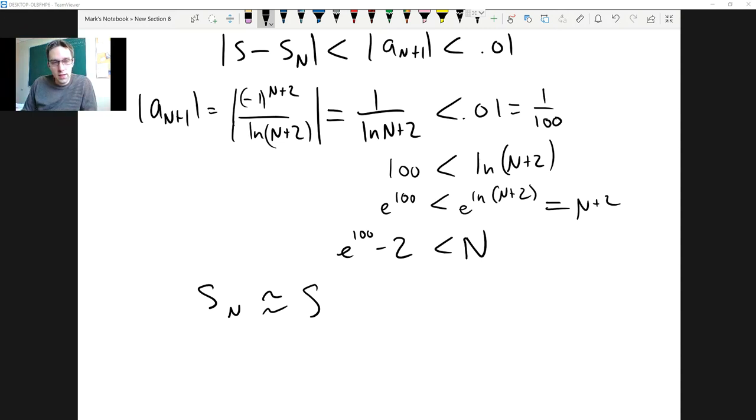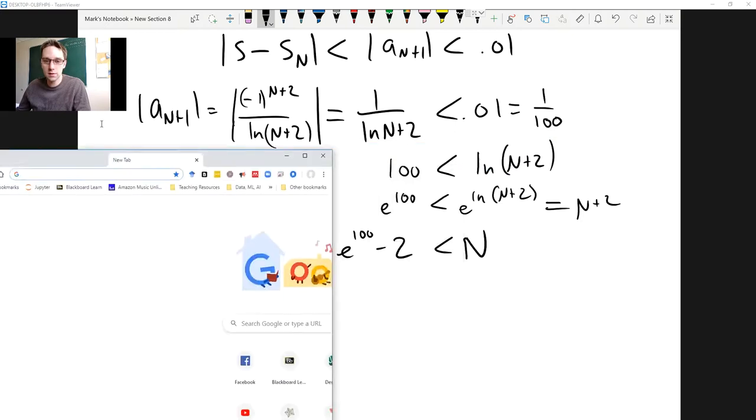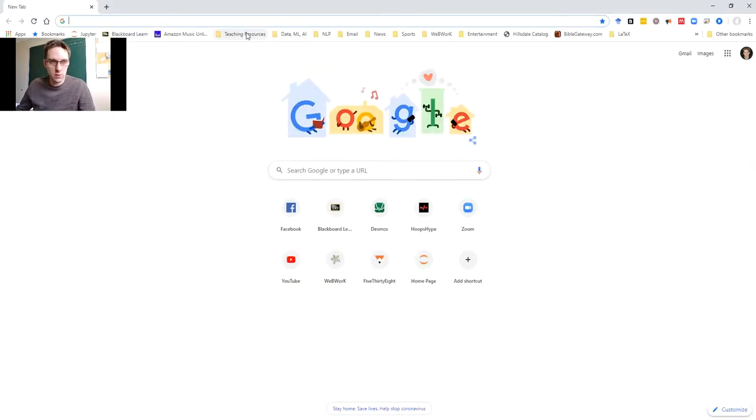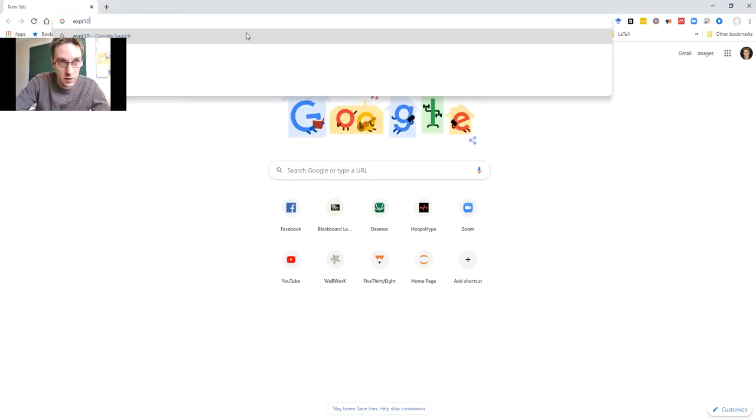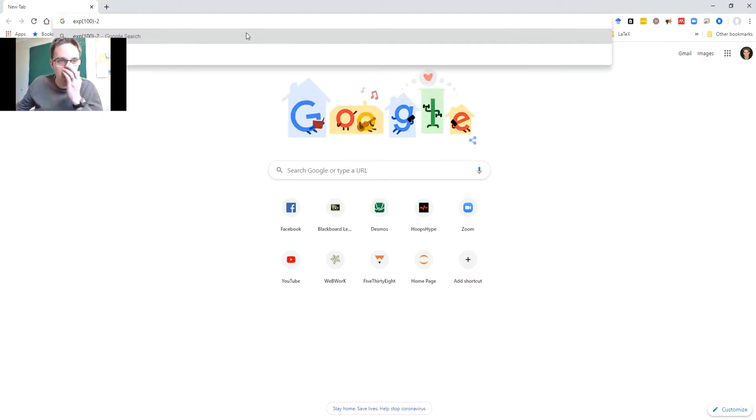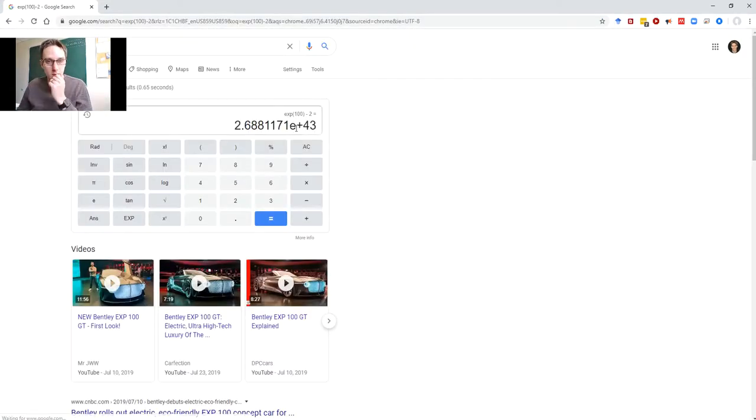Now, e to the 100 minus 2. Any idea how big of a number that is? Well, let's see what happens when we type it into Google. E to the 100 minus 2. 2.69 times 10 to the 43rd. That is an astronomically large number. Huge, unfathomably large. Okay?